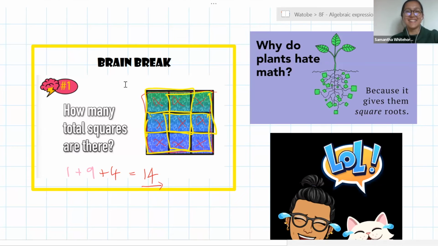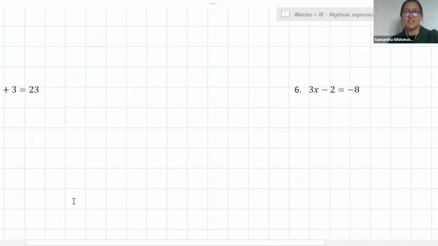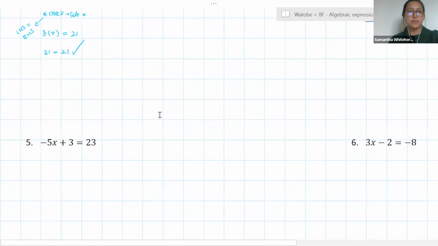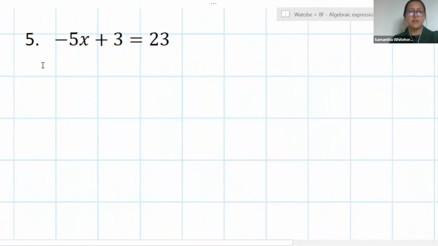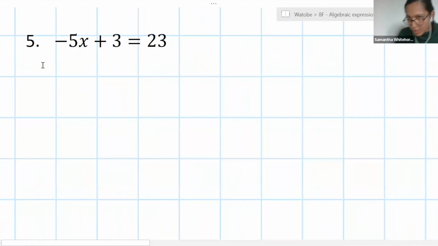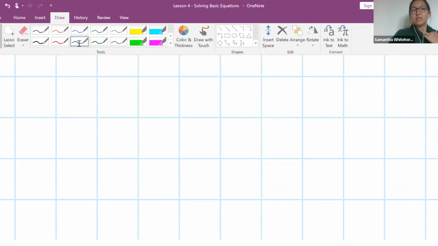Well done, guys. Okay, so let's go back to these fun equations. Question 5. I'm going to help you a little bit with this one because we've got a negative coefficient. Remember, a coefficient is the number sitting in front of the variable that's being multiplied with the variable. As I said in the last question, the first thing we want to deal with is anything that's being added or subtracted.